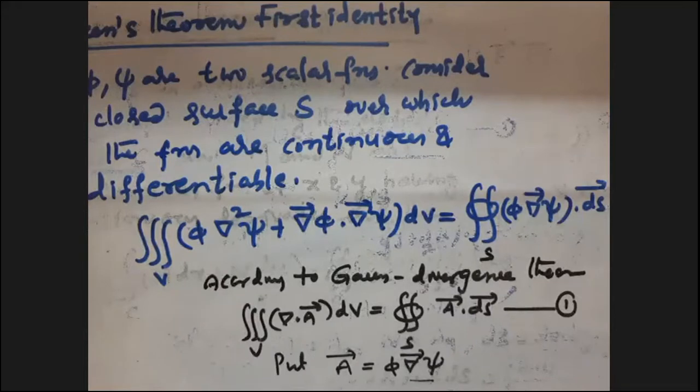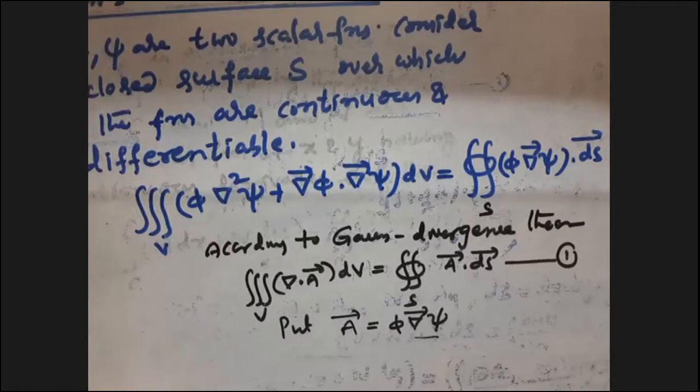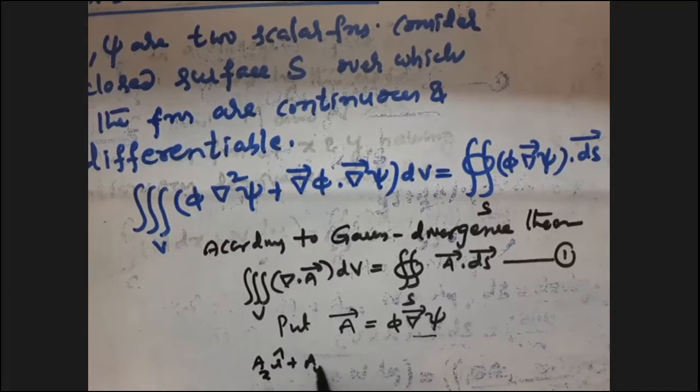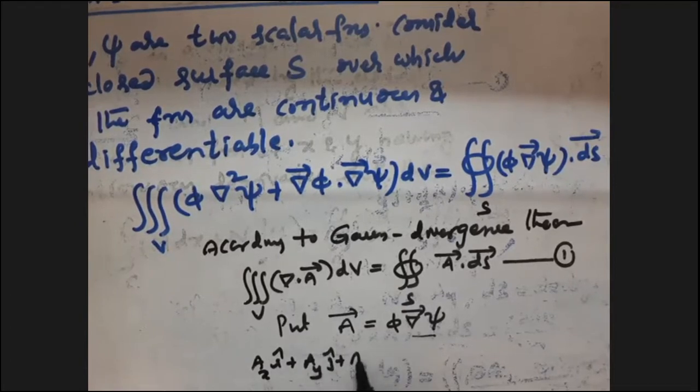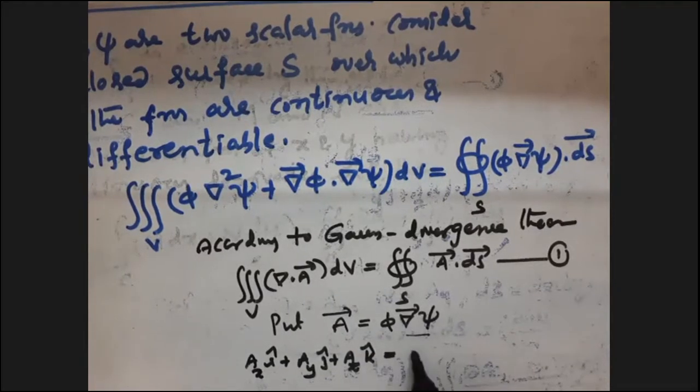Now, A bar is a three-dimensional vector. What is that? Ax i cap plus Ay j cap plus Az k cap, that equals phi times del bar psi, which is nothing but grad psi.